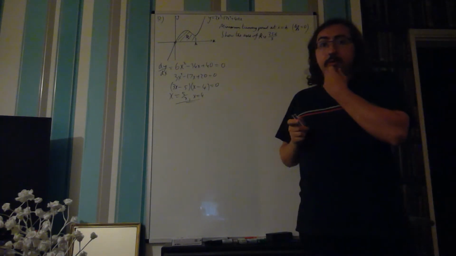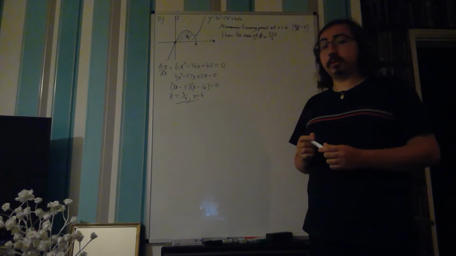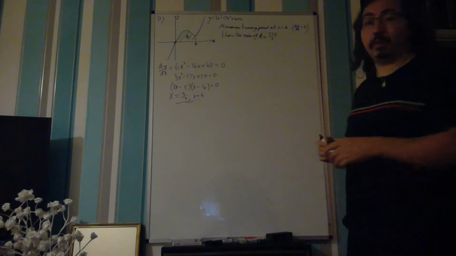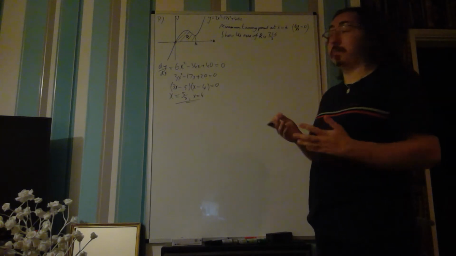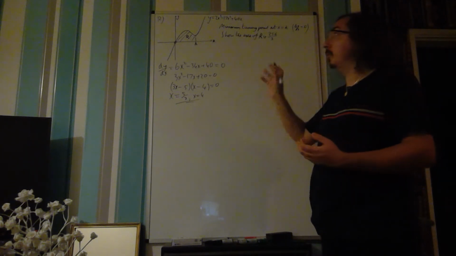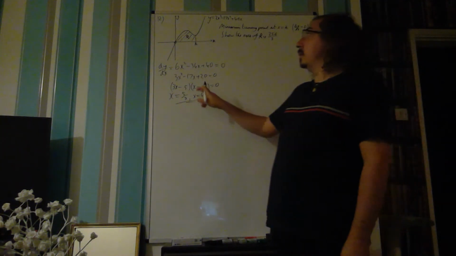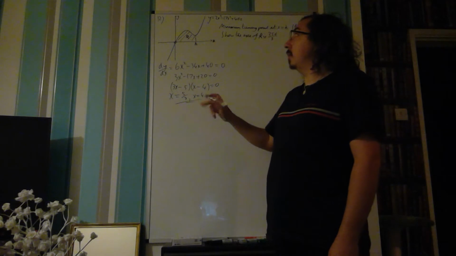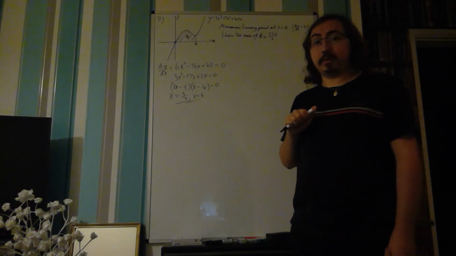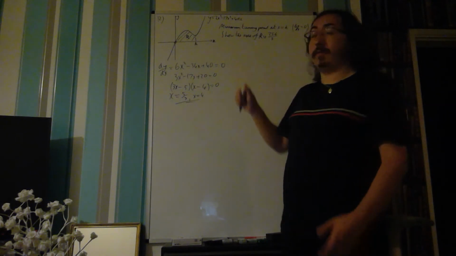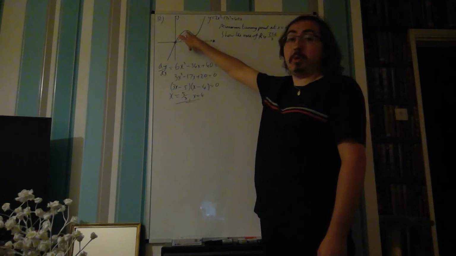Now we've got two solutions, but we only really want one. Why have we got two solutions? Because this concept of dy by dx equals 0 is just for the turning point. That could be a minimum, maximum, or a point of inflection as well, but as our cubic doesn't have a point of inflection, we don't need to worry about that. So our two values must correspond, yes, one to the minimum, but one must also correspond to the maximum. Fortunately, we've got the graph, so it's quite easy to see that our maximum is further to the left, so it will be a smaller x value.